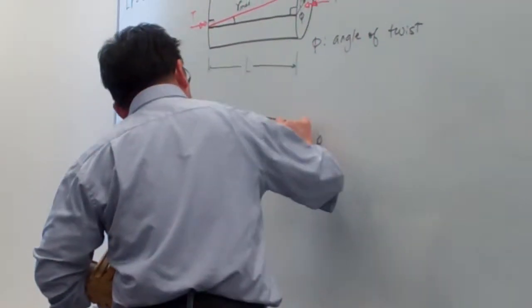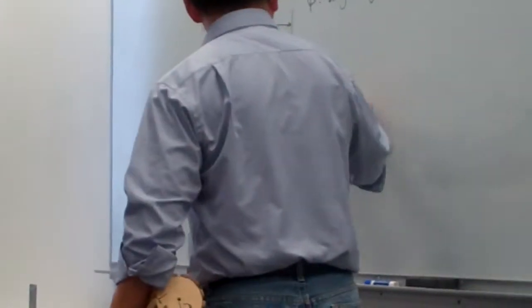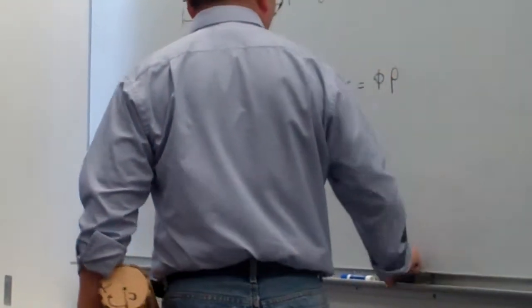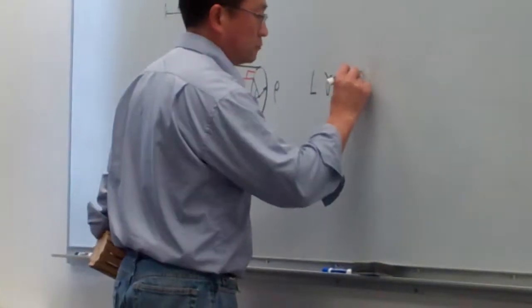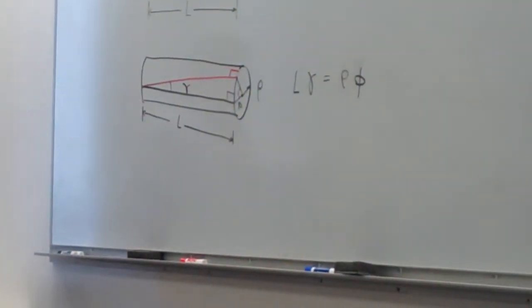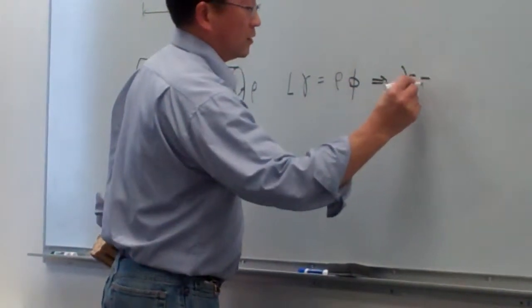We focus on the arc length here to formulate. So in this way, you can see L times gamma equals V times rho V. Okay?